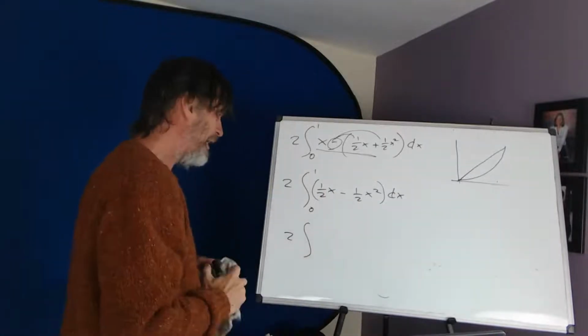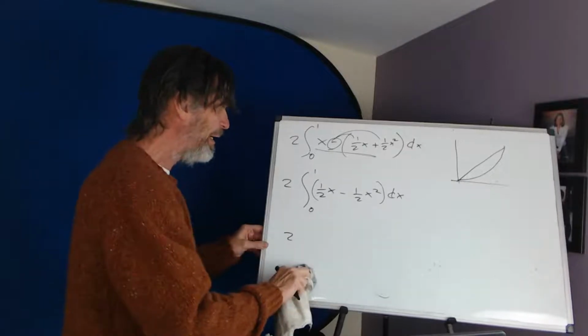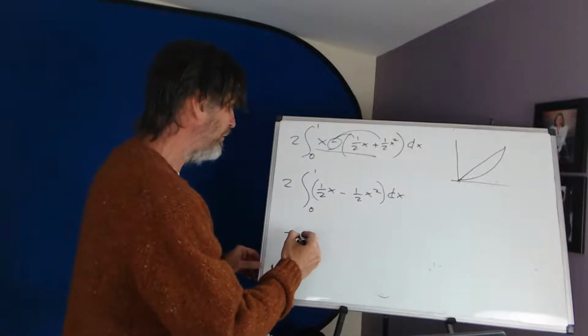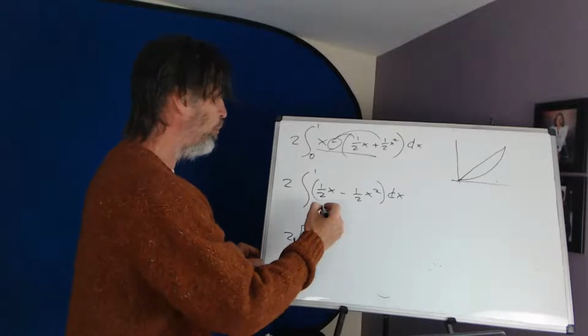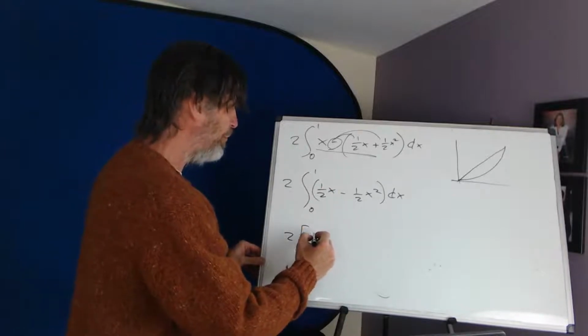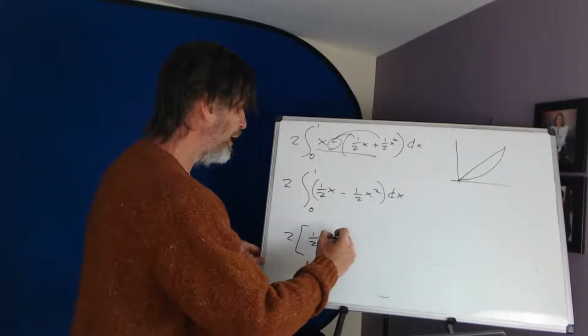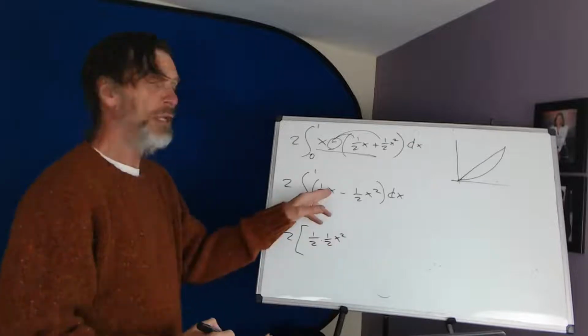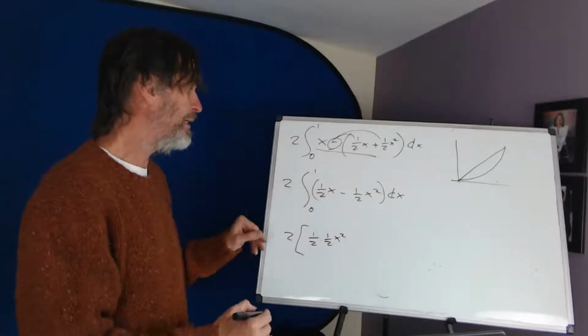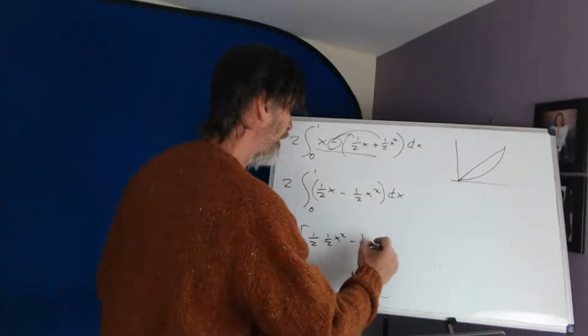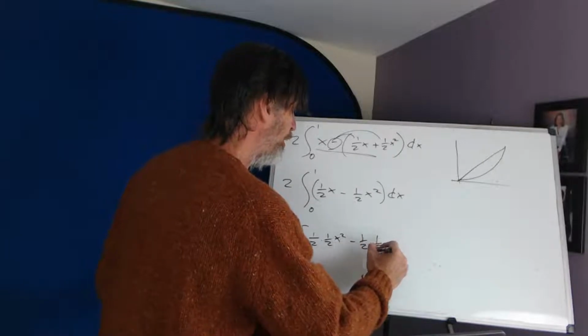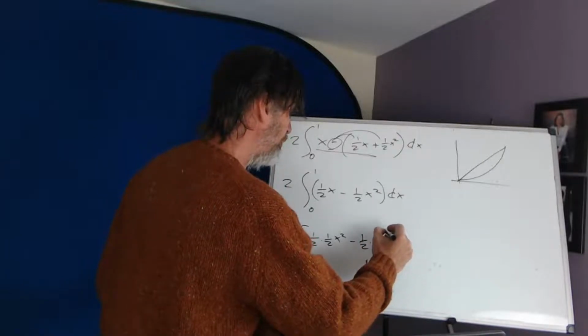Whoops! I'm taking my antiderivative, and when I take my antiderivative, I lose the antiderivative sign. So I'm going to sort of wall this off. This would be 1/2 times 1/2 x squared, using the power rule there on x, minus 1/2 times 1/3 x cubed.